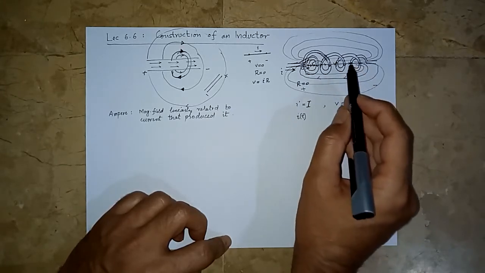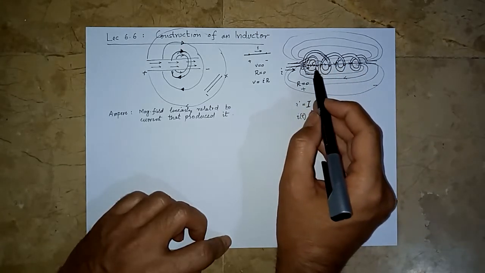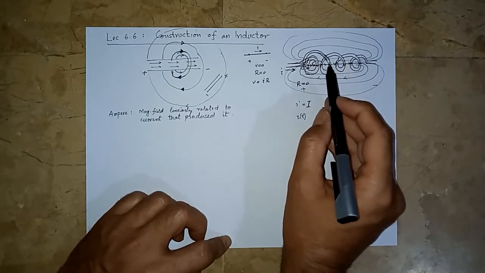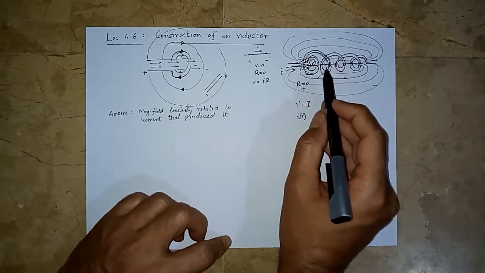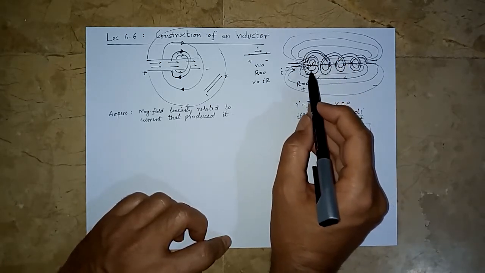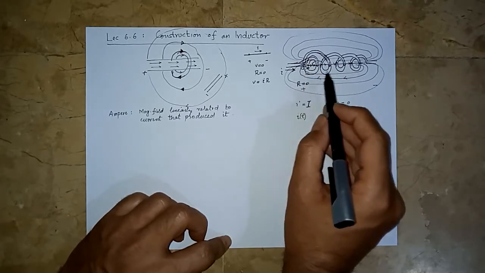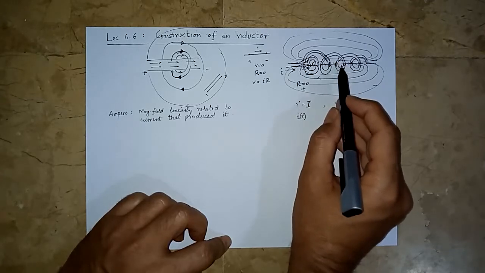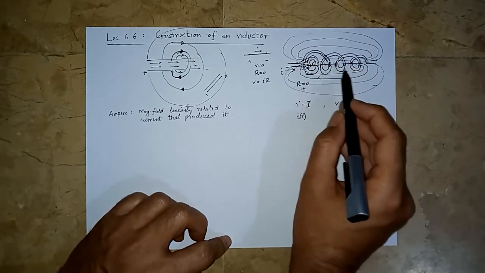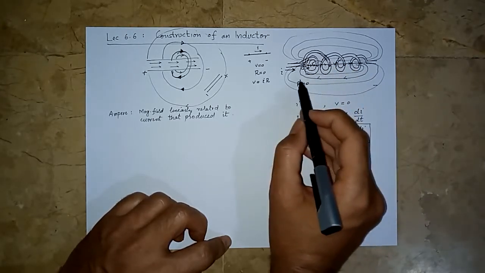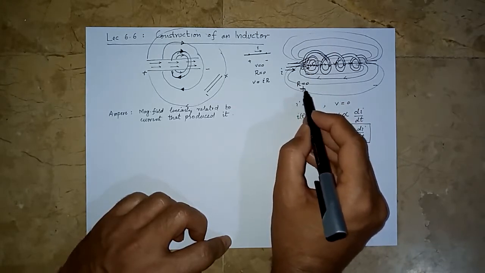Now that changing magnetic field is linking the inductor itself. So that changing magnetic field, irrespective of the fact that it is itself creating the magnetic field, is going to induce a voltage on its terminals. It's going to induce a voltage on each of the coils, you can say, and that is going to be added up to get a voltage across its terminal.